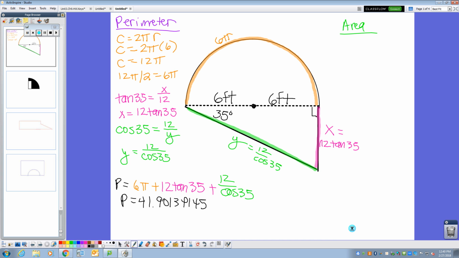And let's say this question says nearest tenth. The directions would have to tell you how to round, but if it said nearest tenth, we would have 41.9 as our perimeter for that shape.